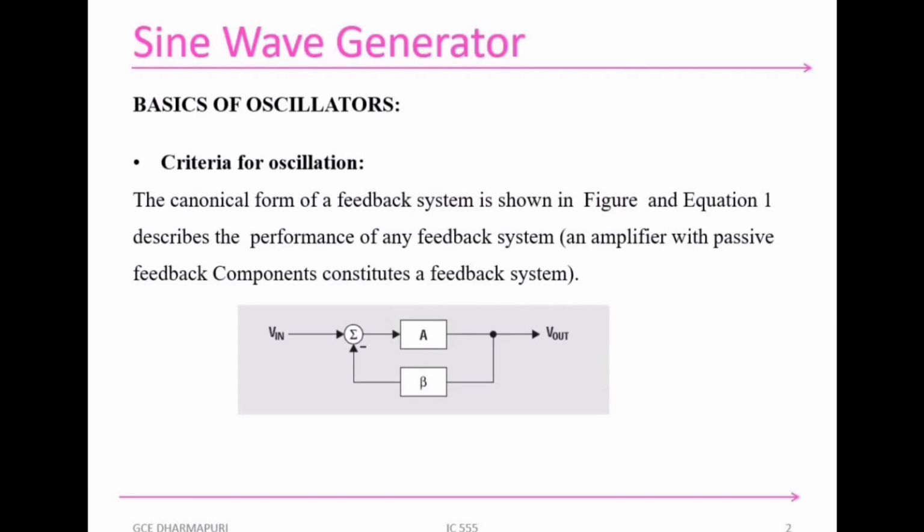The output from beta, that is VF, is subtracted from V in, and you get the output at this point. I can write A is nothing but V out by V in, and VF by V out is equal to beta. Here it employs a positive feedback.